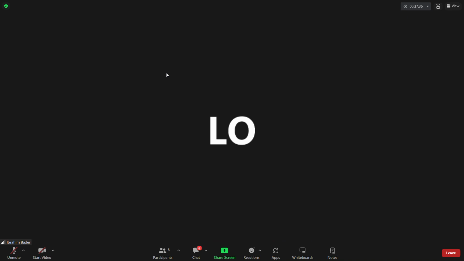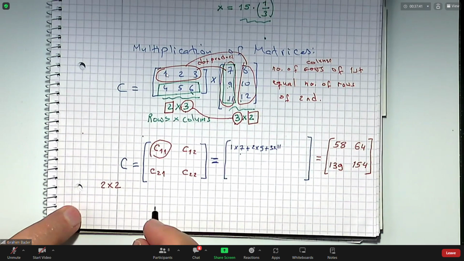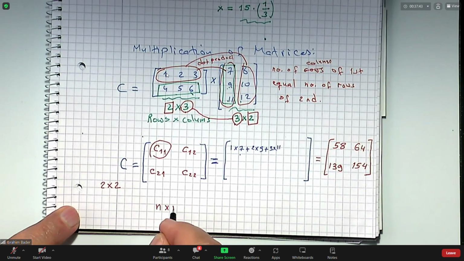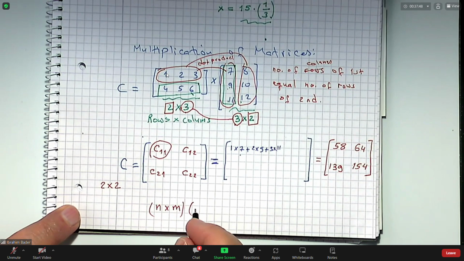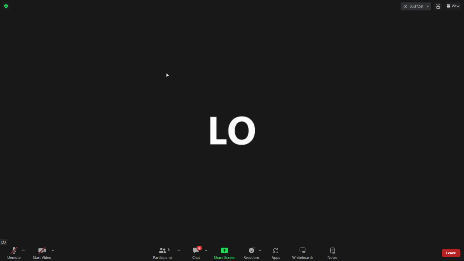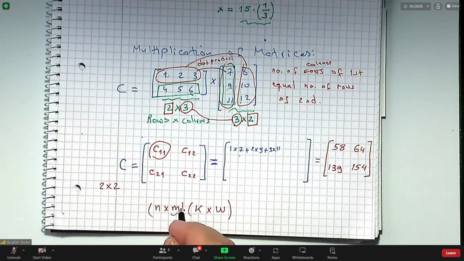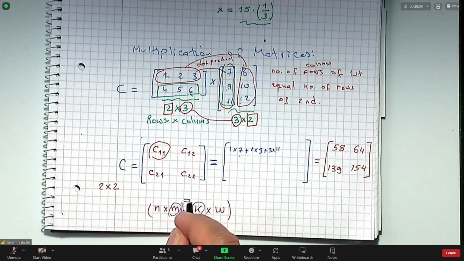Okay. In general, if you have an n times m matrix and you multiply it by, let's say, a k times w matrix, first of all the condition must be met that the inner dimensions m and k are equal, and then the multiplication is defined.